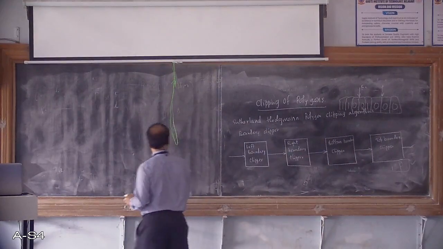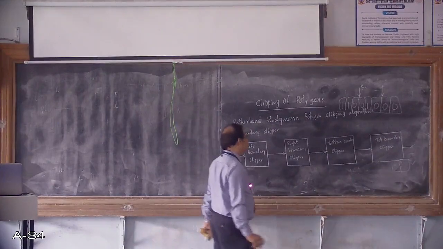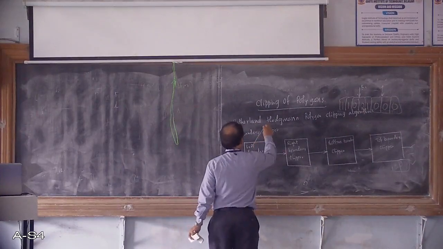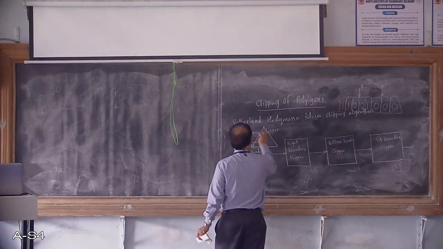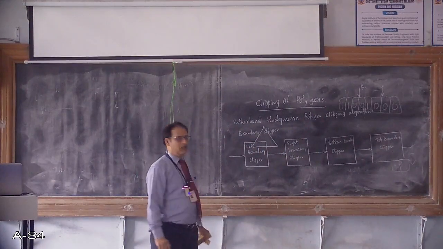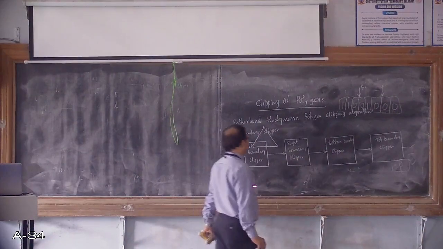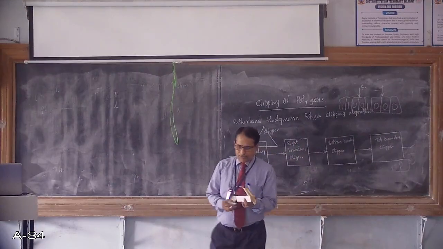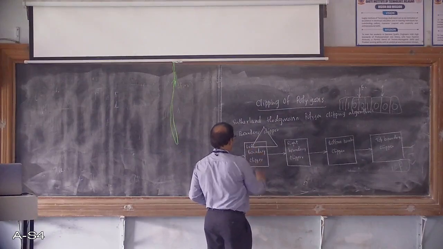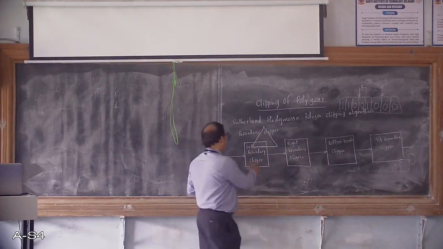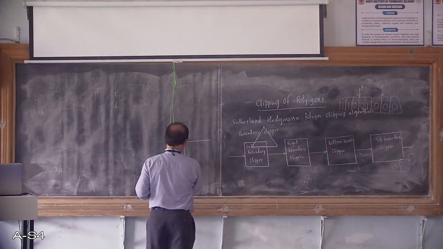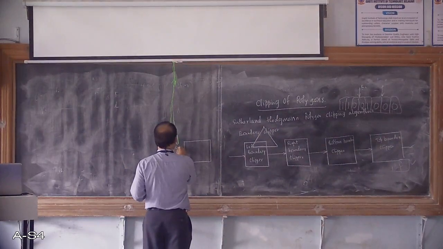Now let us take a simple example again, a triangle, and see how a triangle would be clipped. A given triangle is like this, and using the Sutherland-Hodgman polygon clipping algorithm, the given triangle is going to be clipped. Let us see the working of the left boundary clipper first. This left boundary clipper clips against the left boundary of the clipping window.